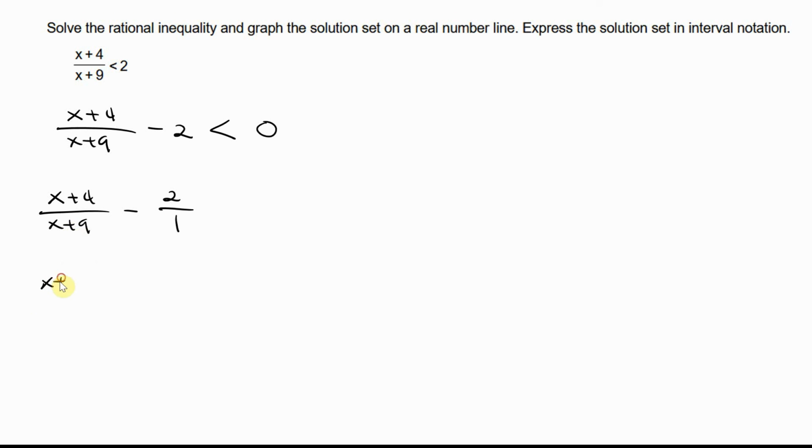So this is (x plus 4) over (x plus 9) minus 2 times (x plus 9) all over (x plus 9), because (x plus 9) divided by (x plus 9) is just 1 times 2, that's still 2. The only way I can combine these 2 fractions is if they have the same denominator, right?